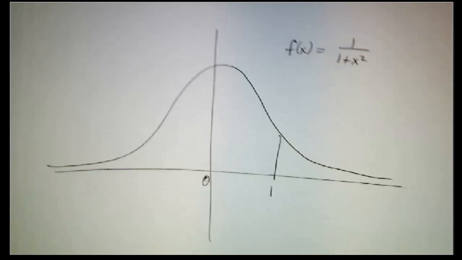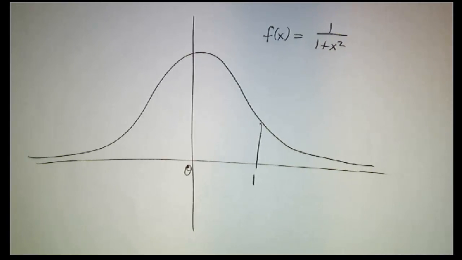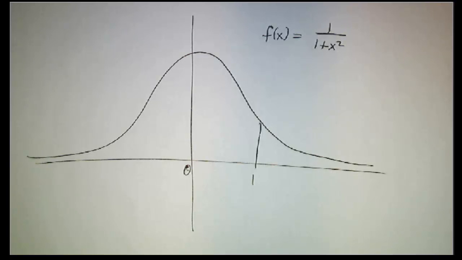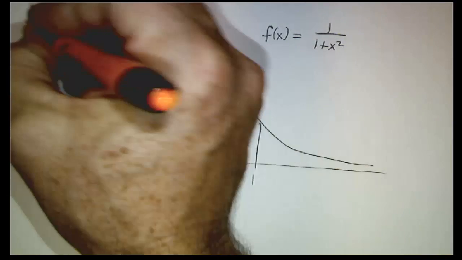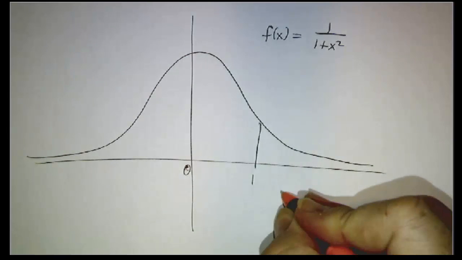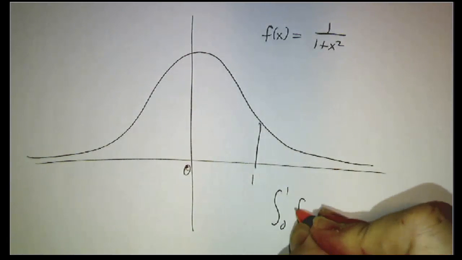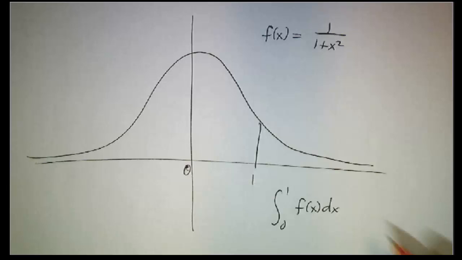So for example, let's suppose we've got the function little f of x equals 1 over 1 plus x squared, and we want to evaluate the integral from 0 to 1 of little f of x dx.